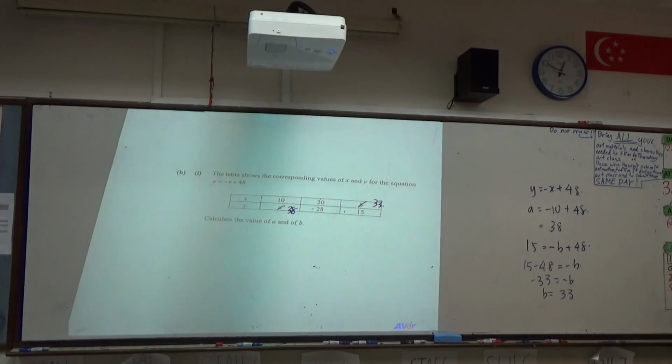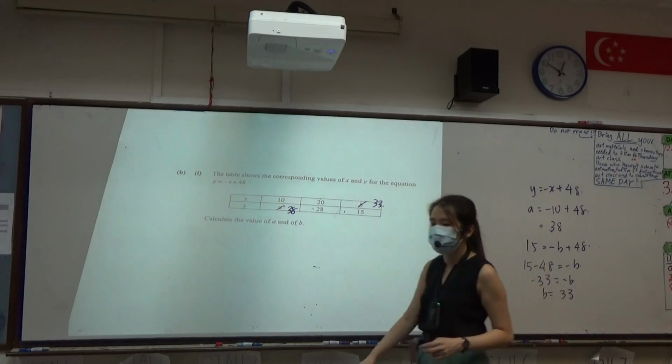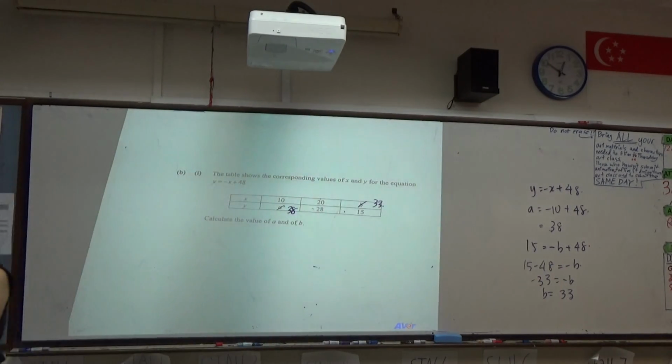Plot these 3 points. You don't need to label the points, it's just for my own marking. You just need to plot the points and draw the line. I want you to do it now. I want to see every single correction.